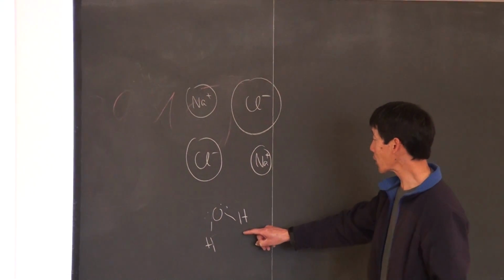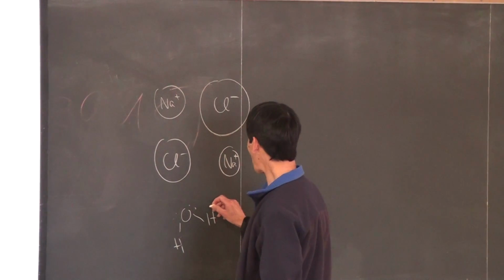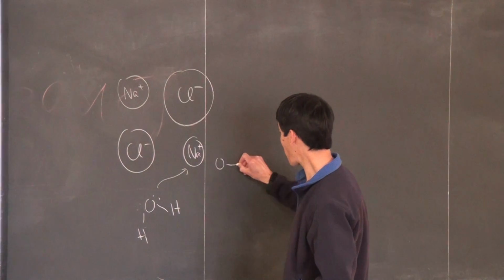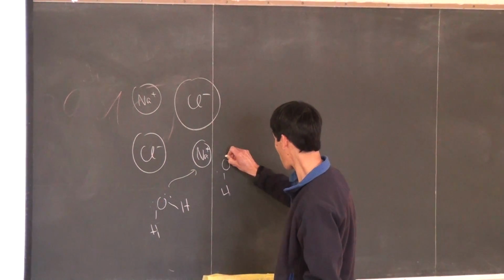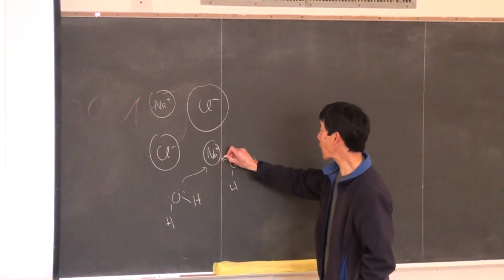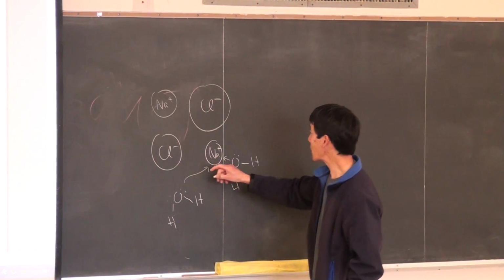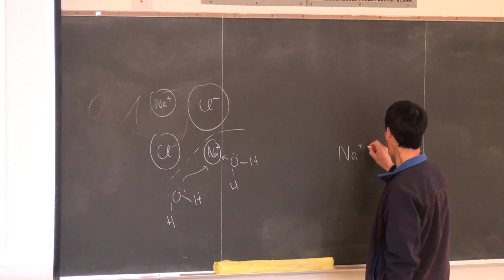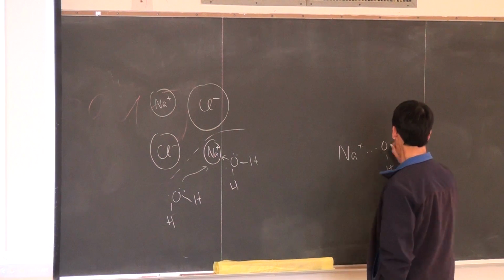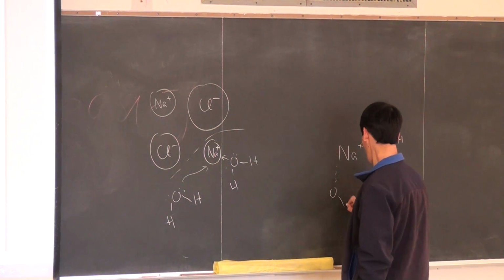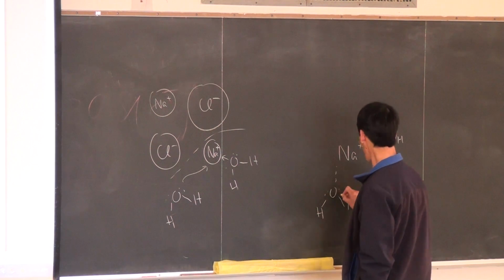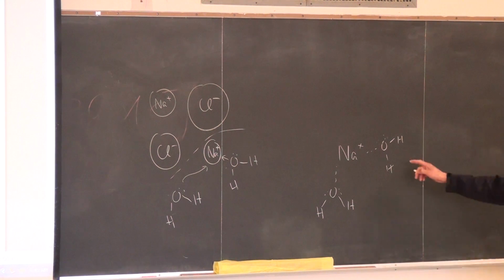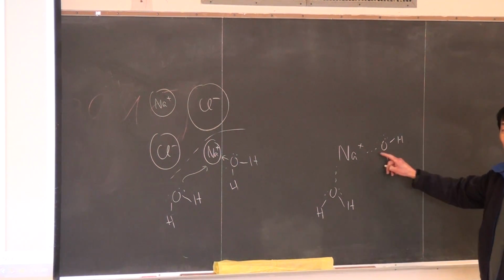The water molecule is going to interact with, say, a sodium ion. And if there are enough water molecules, a water molecule can carry away that sodium ion. So the sodium ion is going to leave, and it will be hydrated by water. Hydration energy is the energy released when an ion is hydrated by water.